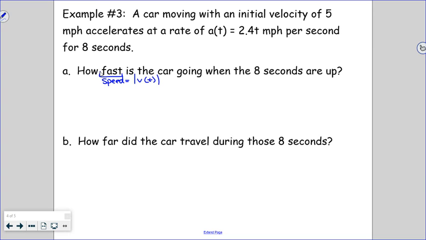Okay. So we're going to find our velocity function, because the derivative of velocity equals our acceleration function. That means we can find the integral of our acceleration, and that will give us our velocity function.